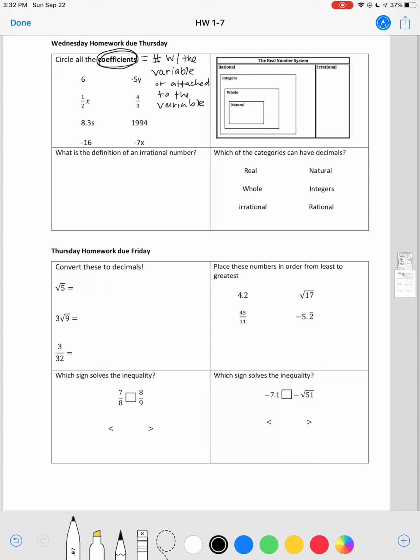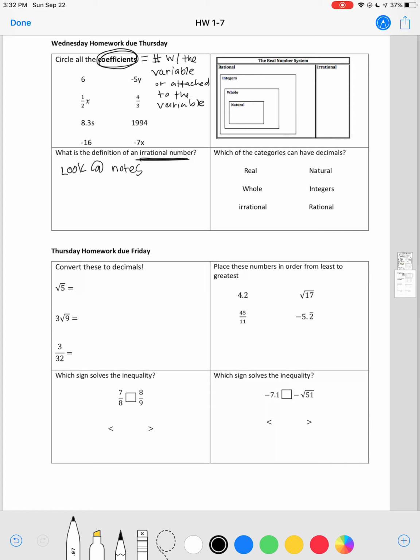Alright, so what is the definition of an irrational number? In our notes, there was a definition that we were able to look at, and you'll be able to define that for me and Mr. Campbell and Miss Doherty.